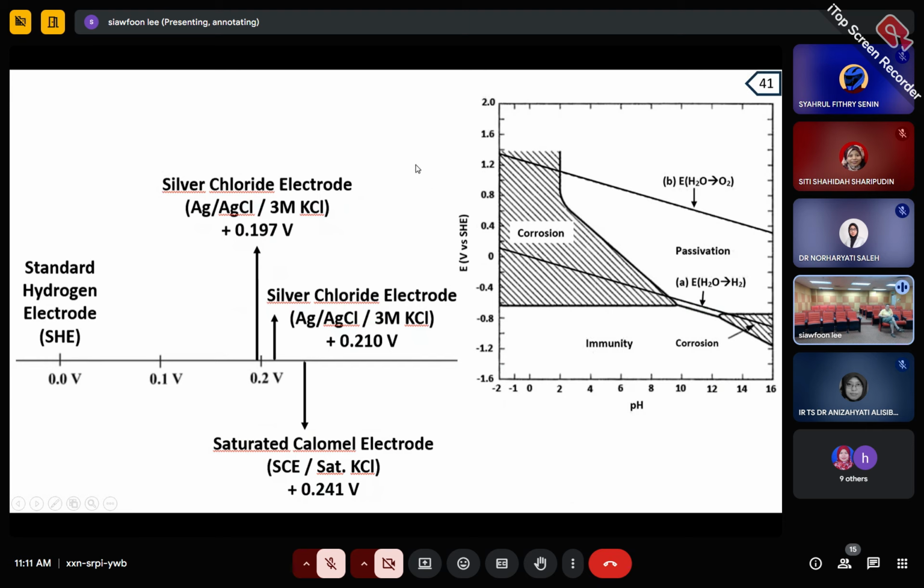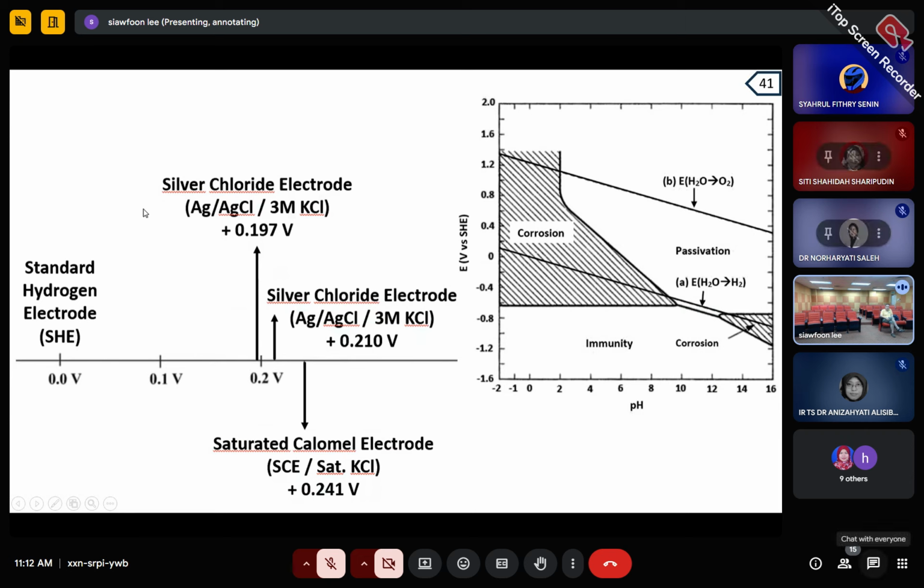So in my lab, I actually use the silver chloride electrode, because this table here is using SHE. So when I use silver chloride, I need to do the conversion. For example, if I get 0 here, that is the passive result for this electrode, SHE.